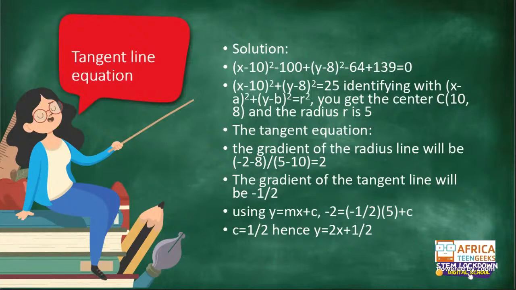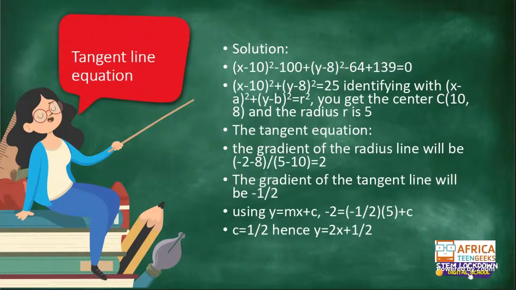All right. So now here we were to find our C. We know that minus 2 equal to minus half of 5 plus C. Therefore, we'll have minus 2 plus 5 over 2 equal to C. Therefore, minus 4 plus 5 divided by 2 equal to C. So you're going to see that C is half.